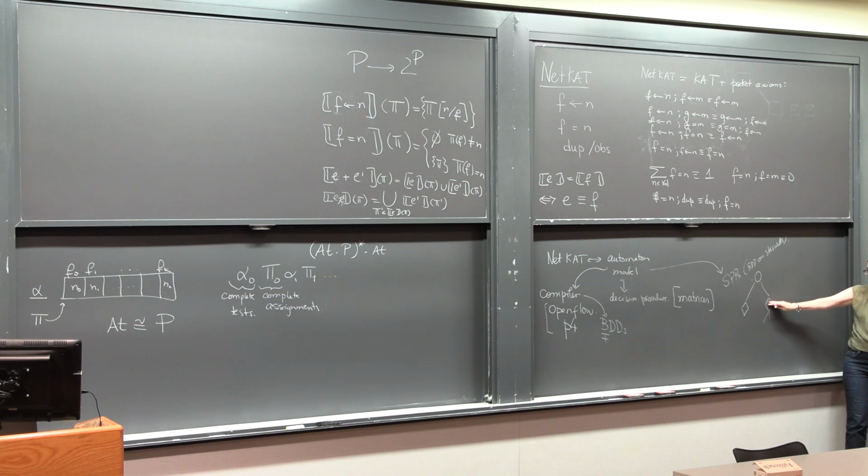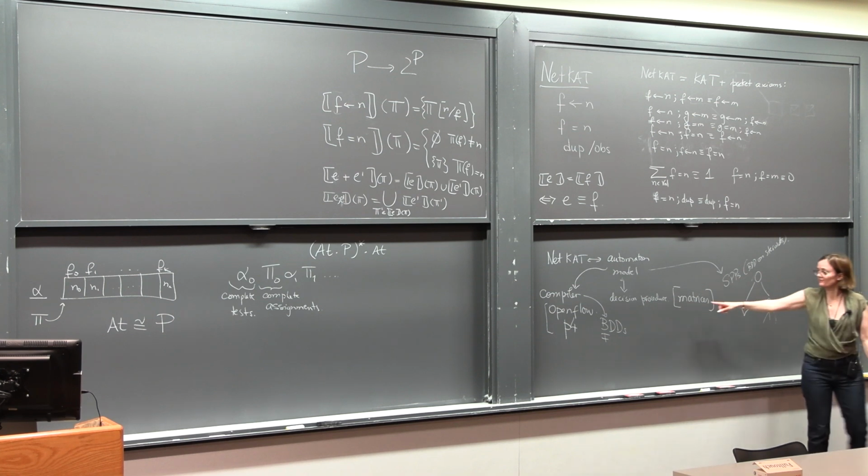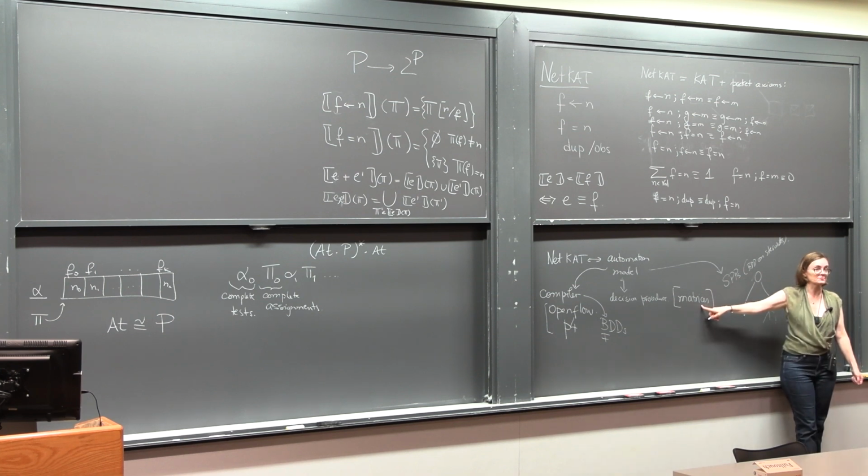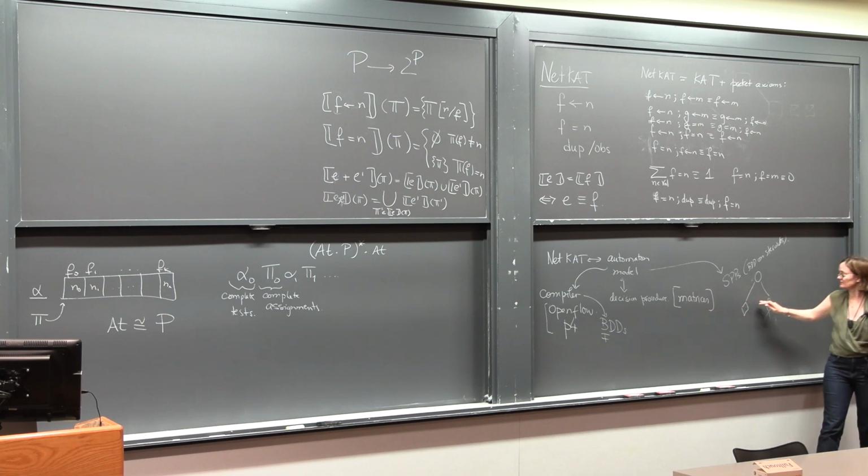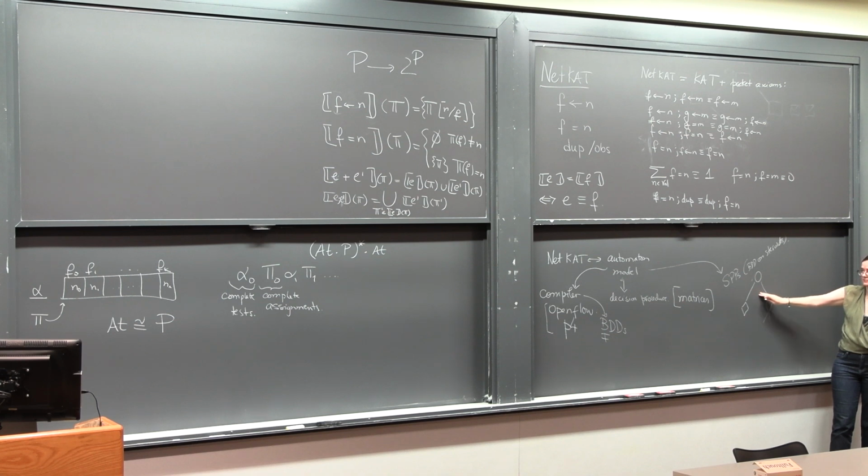And more interestingly, at least for us, this structure actually enables us to extend NetKAT with things like intersection and complement and all kinds of operators that we didn't have before. And in fact, operators that are very hard to implement in the matrix world. So this turned out to be a much more flexible structure, and it sped up the decision procedure by hundreds of times, depending on the topology.